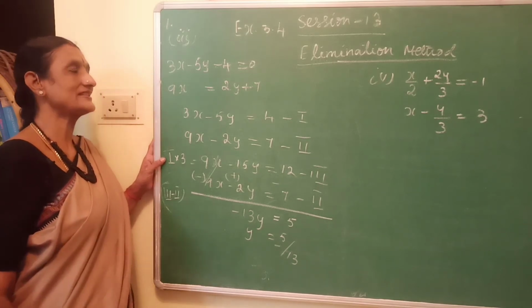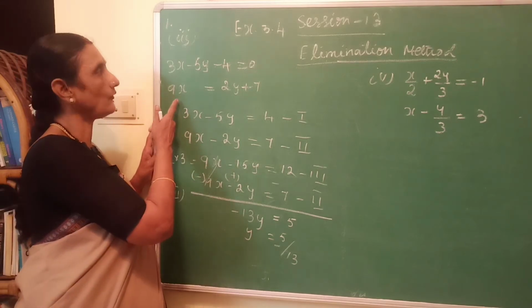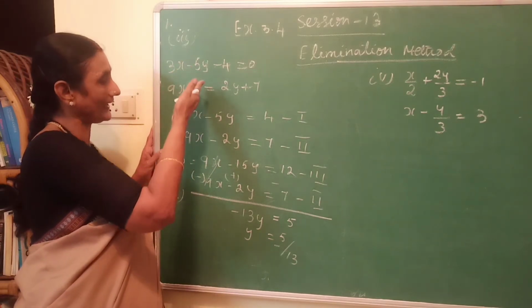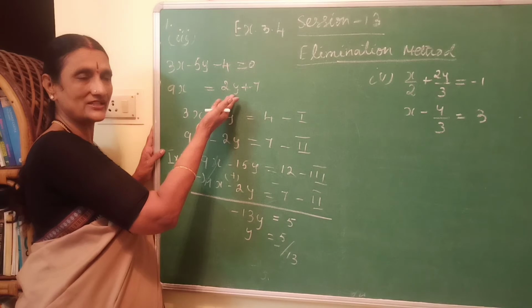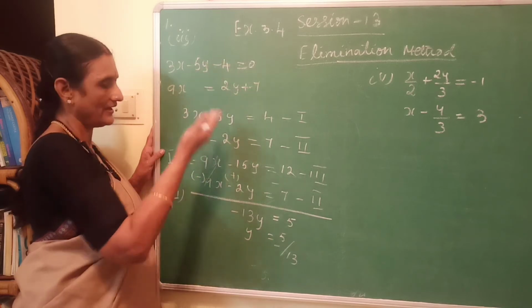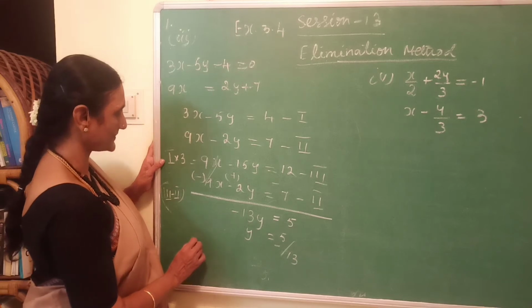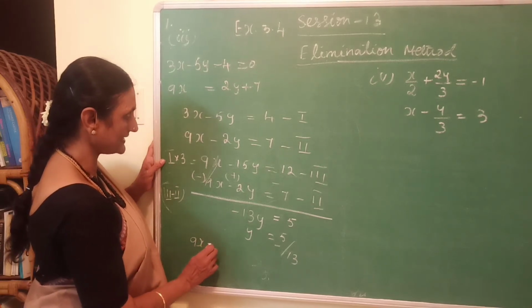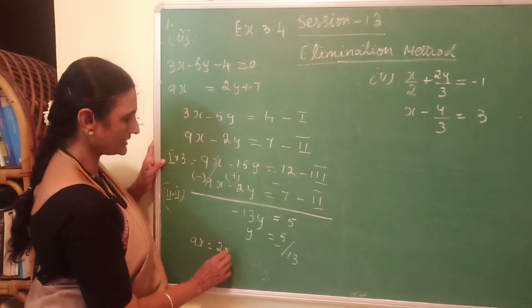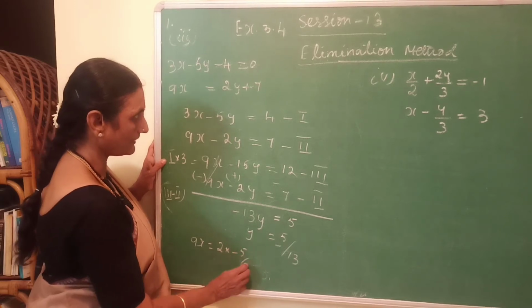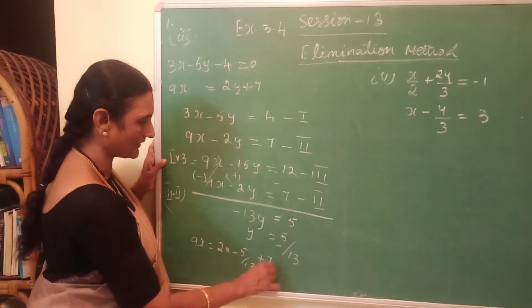Now, our challenge is to get the value of x. We can use this equation or that equation. I am choosing this to be the second equation. I will substitute 9x is equal to 2 into minus 5 by 13 plus 7.